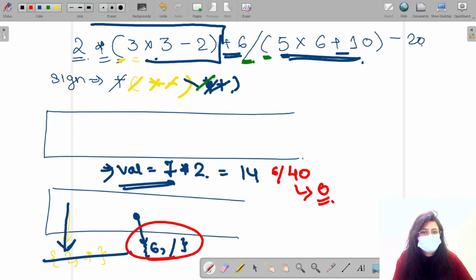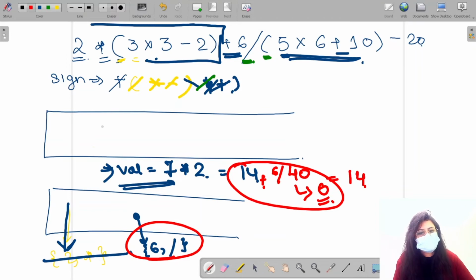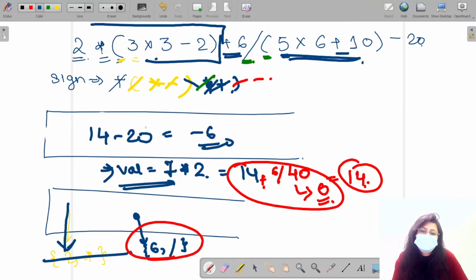So we have 0 and we had the plus operator here. So the value will contain 14 now. Then we have minus 20 and there is no parenthesis at all, minus sign. So restore the value again. And we have 14 minus 20, minus 6 as the answer now, right? So the stack will return minus 6.